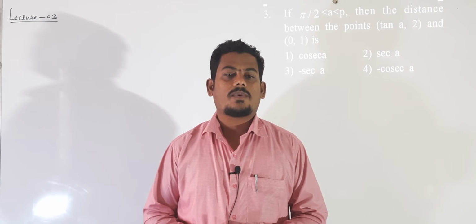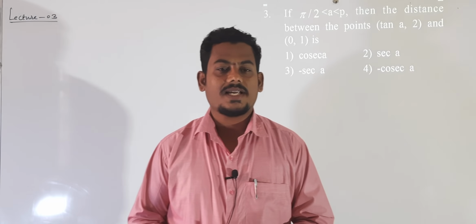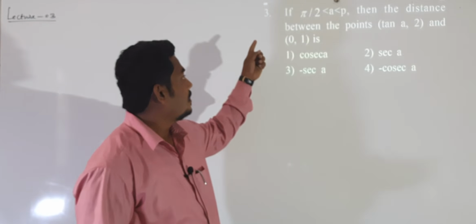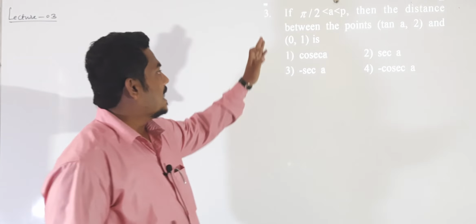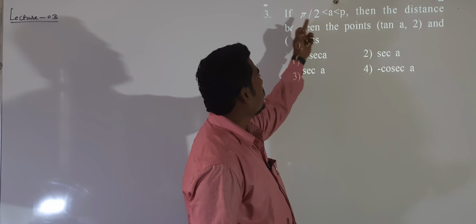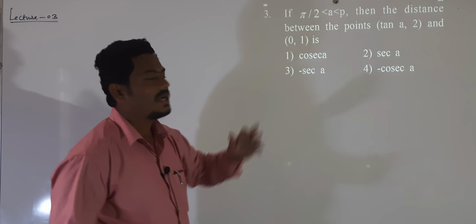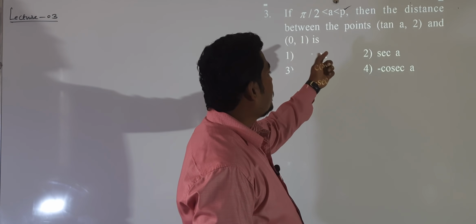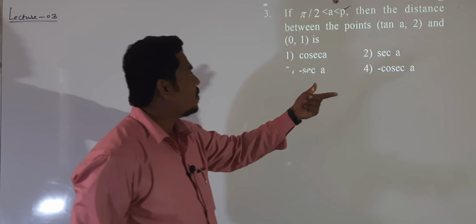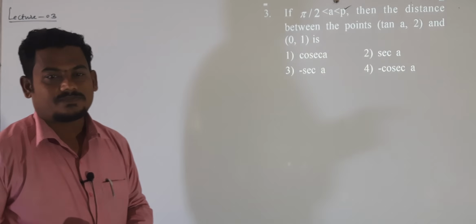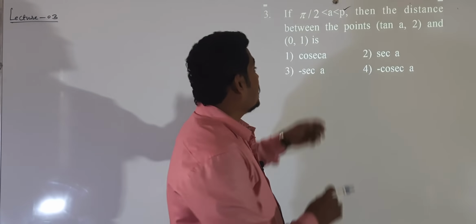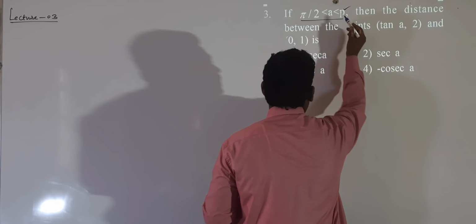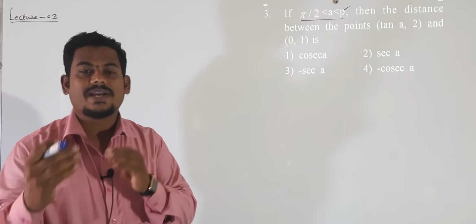Let's continue problems on two-dimensional geometry, right? Next problem, third one: if A value lies between pi by 2 to pi, then the distance between the points tan A comma 2 and 0 comma 1 is... Look at this condition: angle value lies in the second quadrant, pi by 2 to pi.